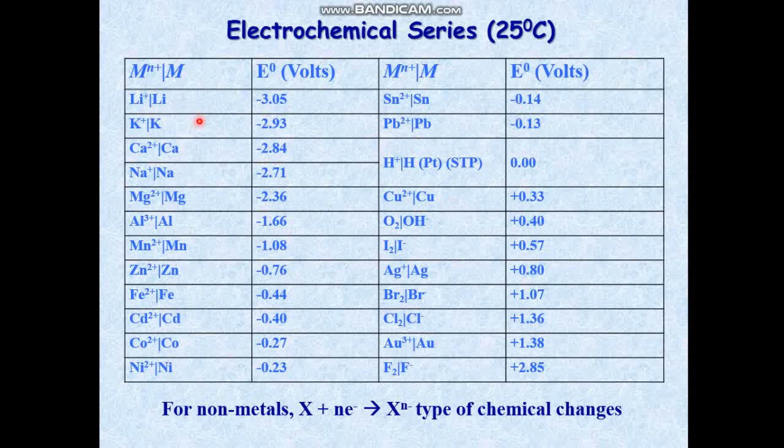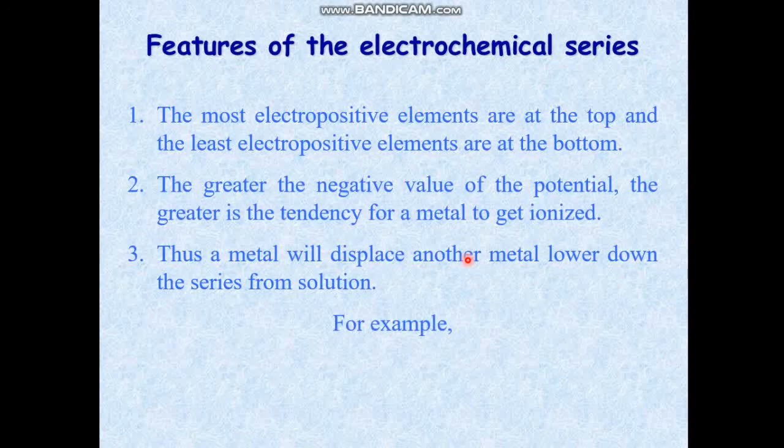So the species which are at the upper level in the electrochemical series can easily replace the cation of the species which are placed in the lower part of the series, and they come out of the solution or precipitate out.